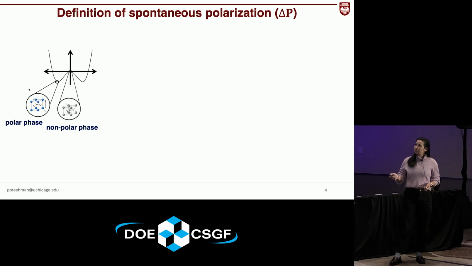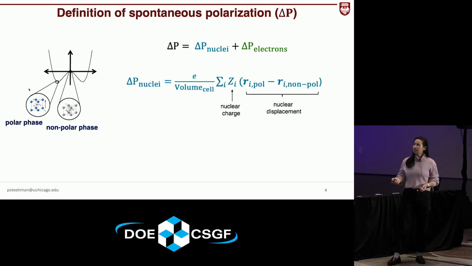To compute polarization, we consider contributions from both the nuclei and the electrons. The nuclear contribution can be written as roughly the charge times the displacement of the nuclei, because we approximate the nuclei as classical objects, so their location is well known. This contribution is trivial and fairly straightforward to compute.